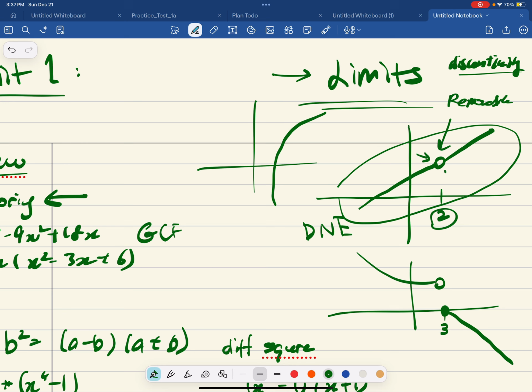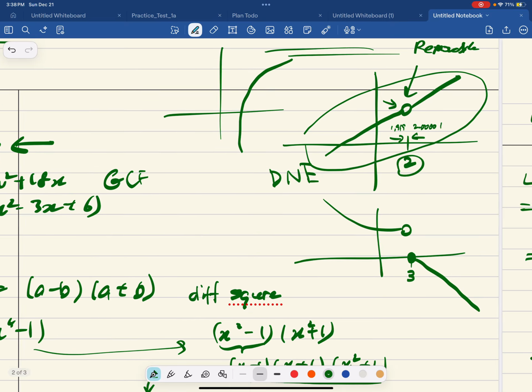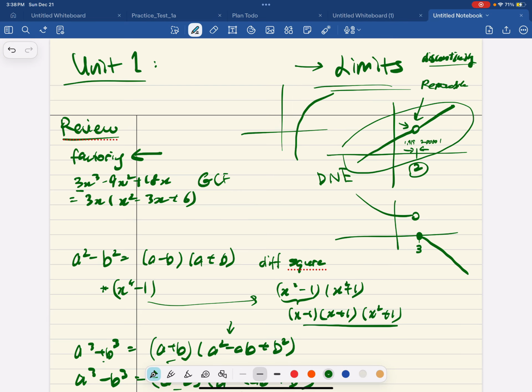Everything exists, except for this one value where x is equal to 2. So what's happening is that when it approaches 2, it exists. So 2.000001, or in this case 1.999999 exists, but exactly at 2 it does not exist, and we want to know what that value is. That's all. It's as simple as that.